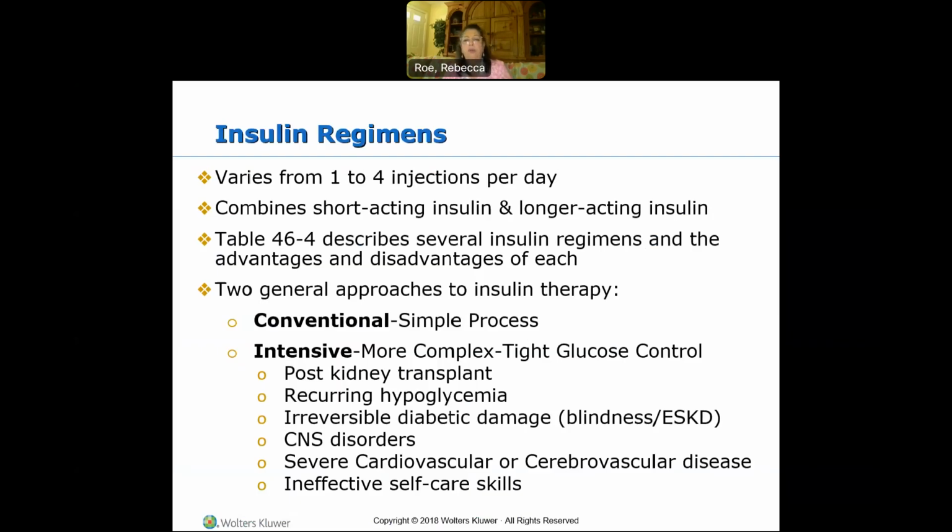The two general approaches are, when I talk about the simple process or the conventional, this is for somebody who is frail, somebody who does not get out very often, who has very limited activity, whose self-care ability is limited, or they just don't want to participate.